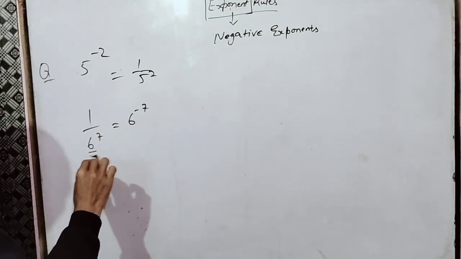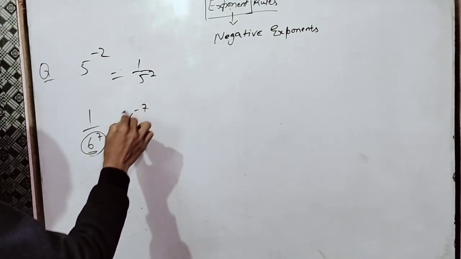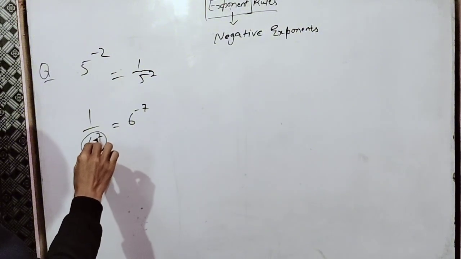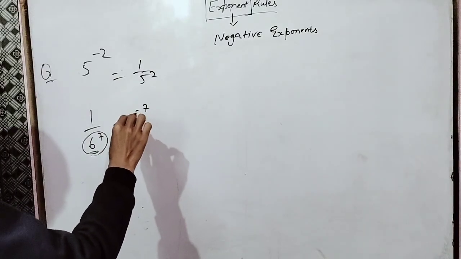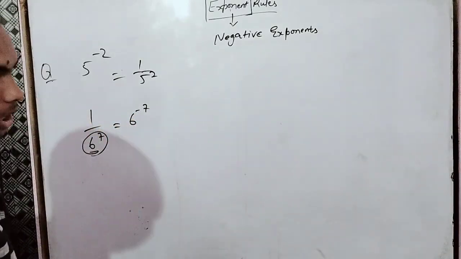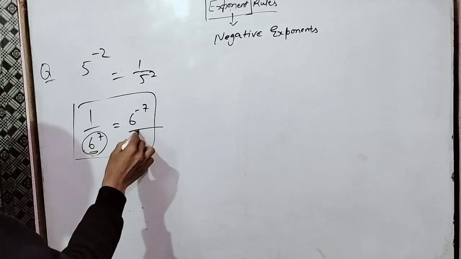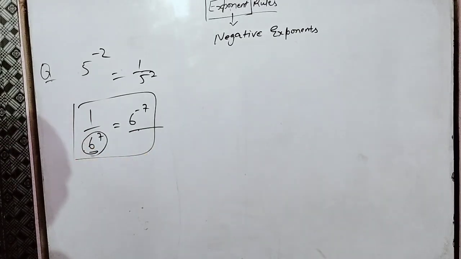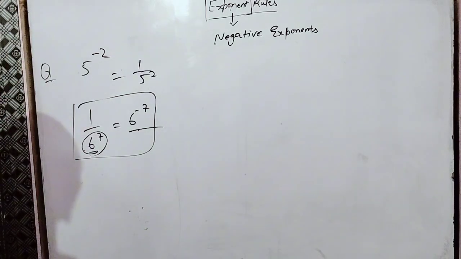So here we changed this and wrote it in the numerator, and our exponent 7 was with addition. So here we changed the sign of the exponent. This is a way. So the meaning of this and the meaning of this is the same. Clear?